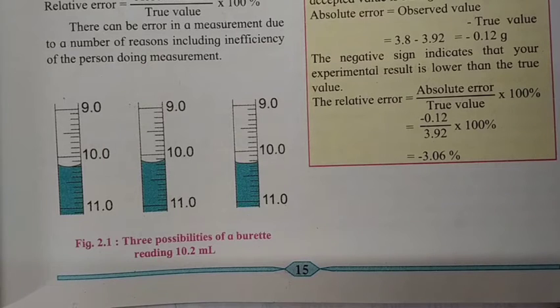This is because the least count of the burette is 0.1 ml.